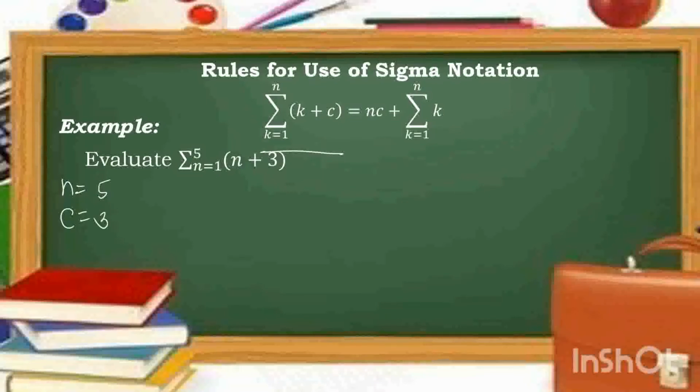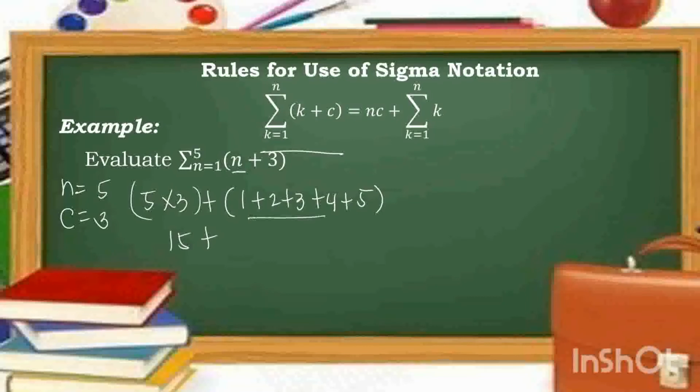So let's multiply n and c. So 5 times 3 plus the summation of n as n goes from 1 to 5. So 1 plus 2 plus 3 plus 4 plus 5. So 5 times 3 is 15, plus the total sum of this, which is 15, is equal to 30.